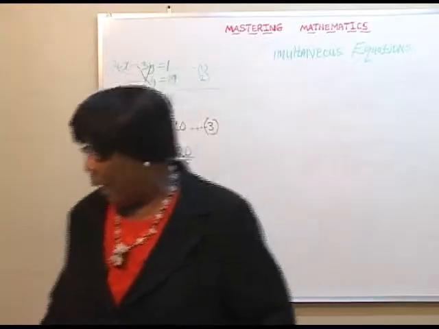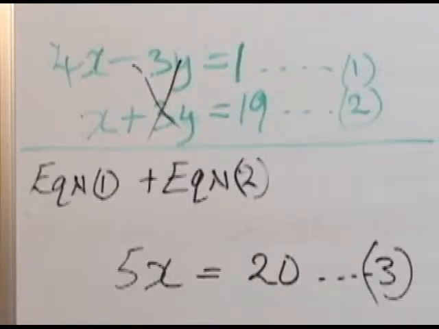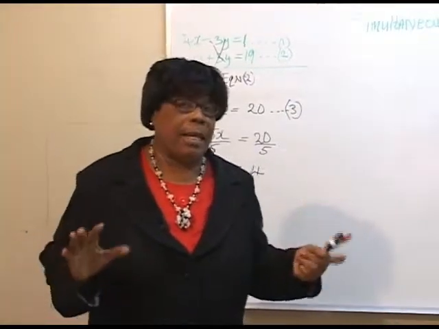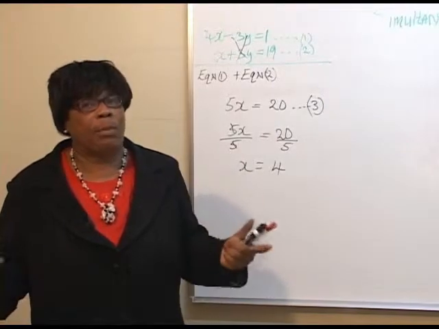Okay, so we're back, and you had a chance to look and to see. So this time you were given the equations 4x minus 3y is equal to 1 and x plus 3y is equal to 19. And we saw that in the y's, the coefficients were identical, the signs were opposite, positive and negative, so we could get our 0 that we're always trying to achieve to eliminate one of them.